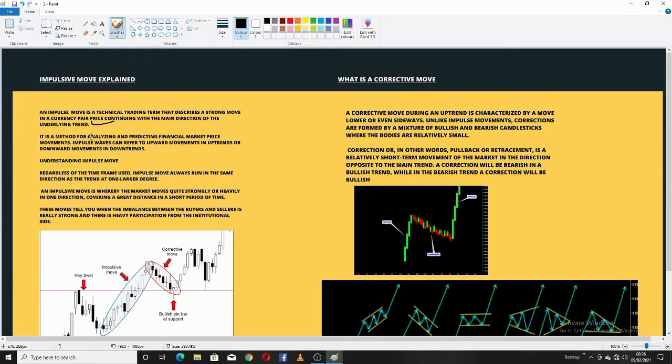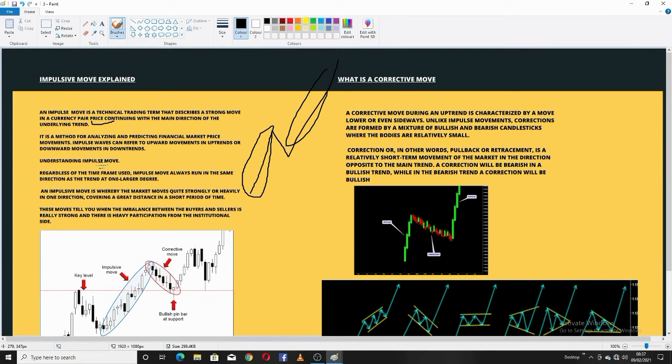It is a method for analyzing and predicting financial market moves. Impulsive waves can refer to upward movement in an uptrend or downward movement in a downtrend. So if we have an uptrend, we are looking for impulsive moves to the upside. The bigger moves are the impulsive.